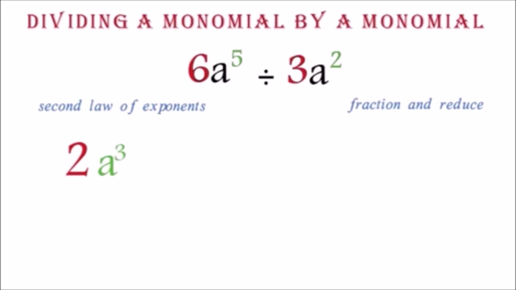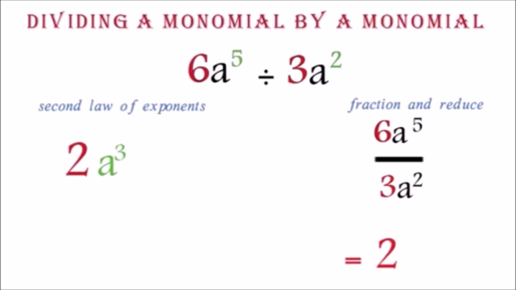Method 2. Reducing of terms. First, write this in the fraction form. So we have 6a exponent 5 over 3a squared. As usual, the first thing we will do is divide the coefficients. That is 6 divided by 3 to get 2.